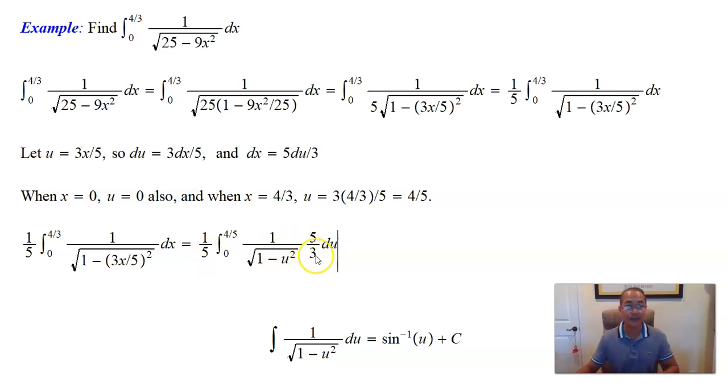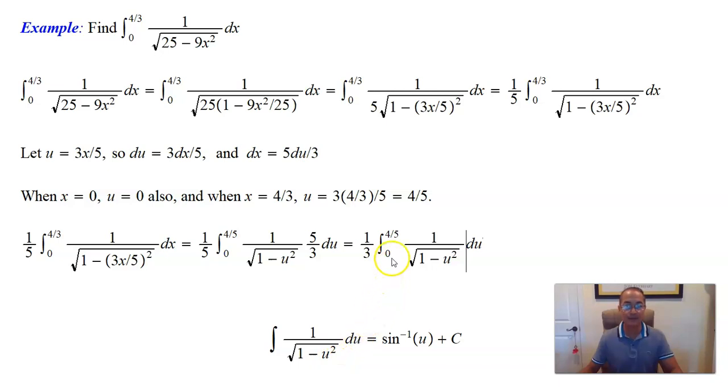How convenient. And the 3 here is going to survive, and that's going to replace the 5 outside. So let's do some changes here. The 5/3 is gone, 5 cancels with 5, and the 3 goes out as 1/3.